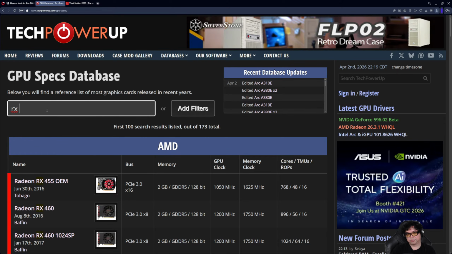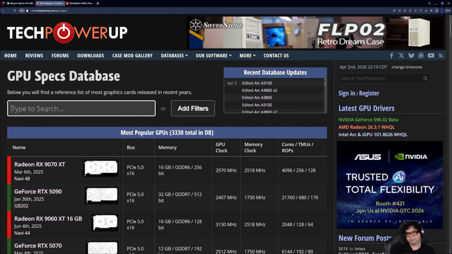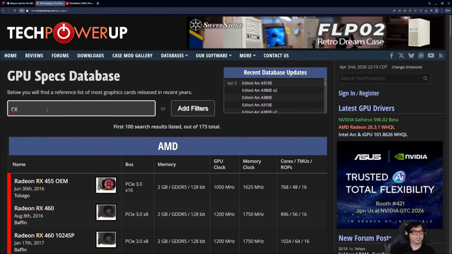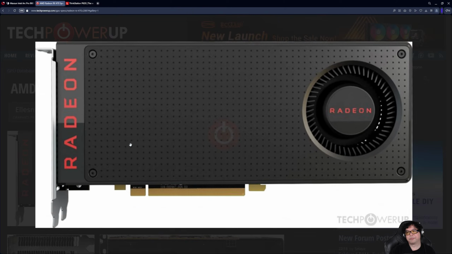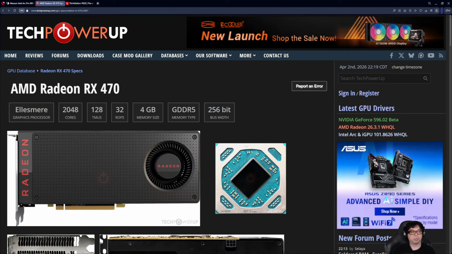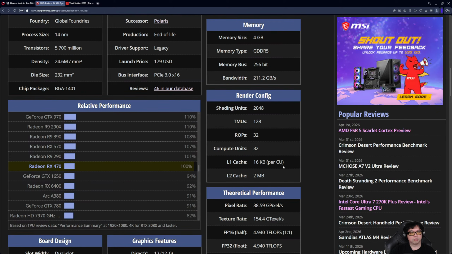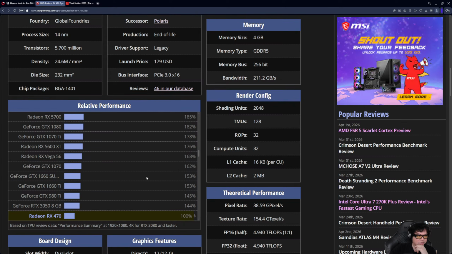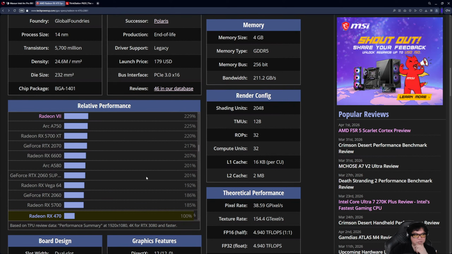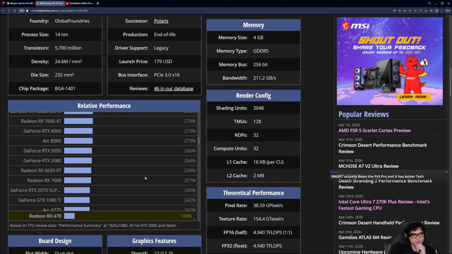RX 470. This is PS4 Pro. So we want to go look at the PS5. PS5 is about 7,600, because I know the 6,700 is not going to show up on here.